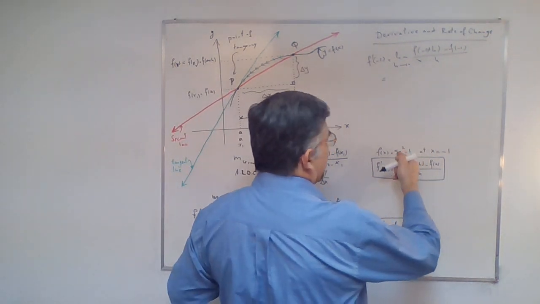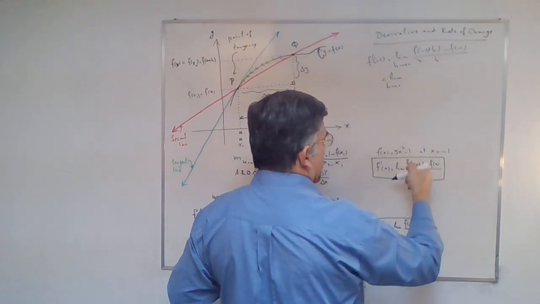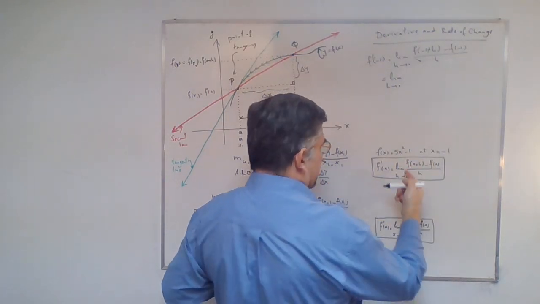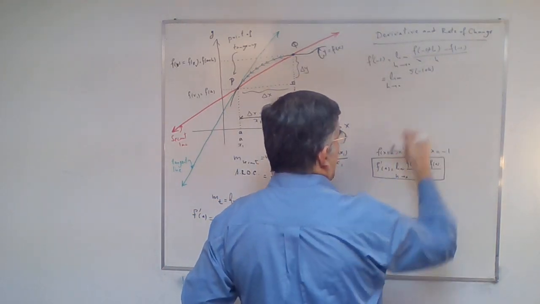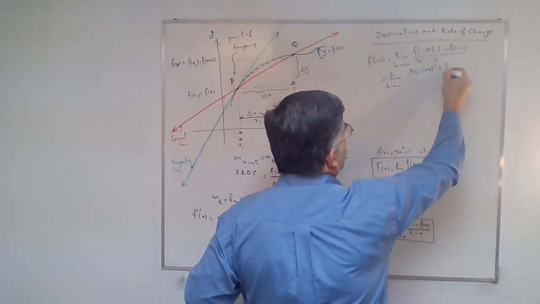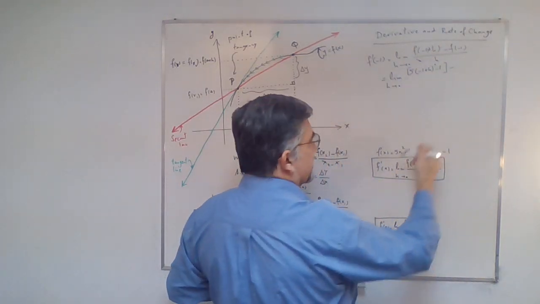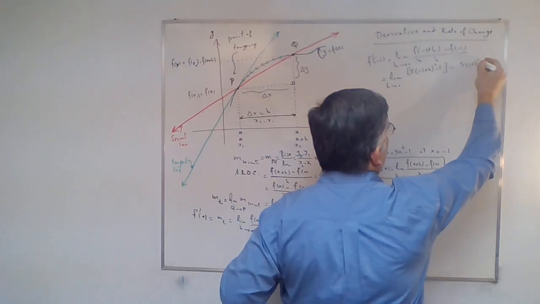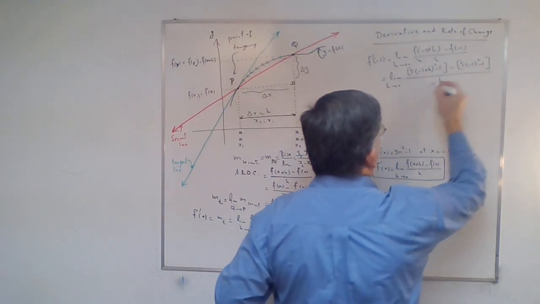Okay, so 5x squared minus 1. So it's going to be the limit as h approaches 0. And the function is 5x squared minus 1. So it's going to be 5 times (-1 plus h) squared minus 1. This is f at -1 plus h, minus f at -1. So 5 times (-1) squared minus 1. This is f at -1, all over h.